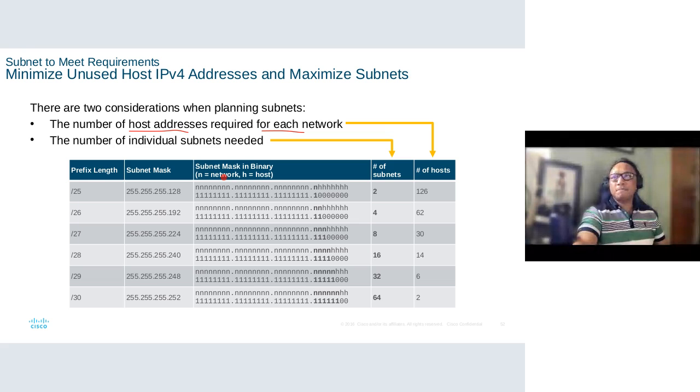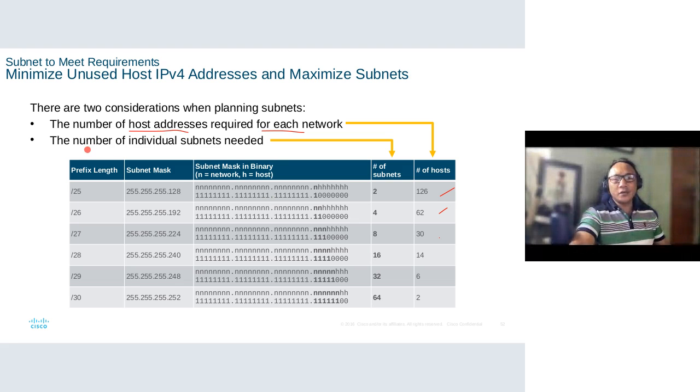And sometimes iba-iba ang need, no? Hindi siya pare-parehong 126, hindi siya pare-parehong 62, 30, minsan variable. Kaya mamaya aaralin natin yung variable length subnet masking. Kasi sa bawat subnet, iba-iba yung requirement ng number of hosts na kailangan.